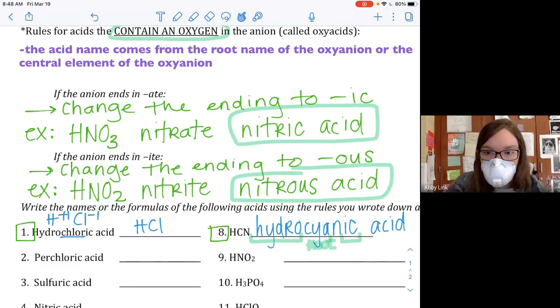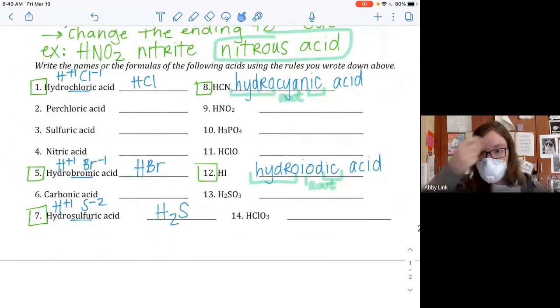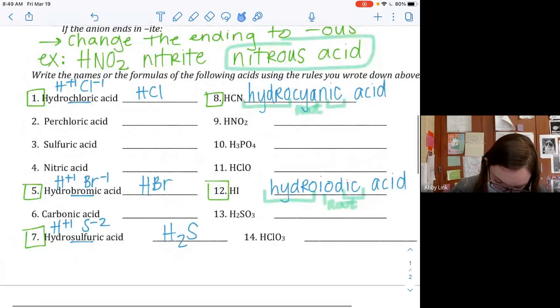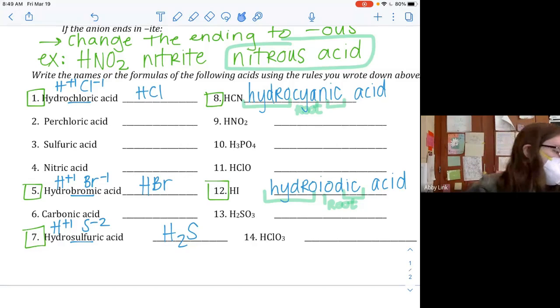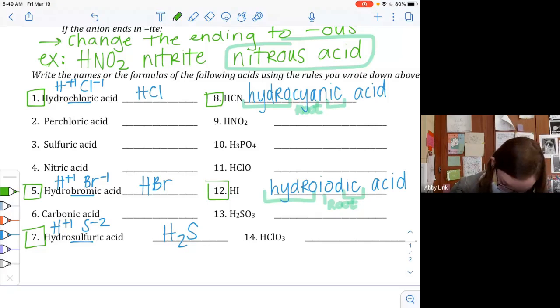All right, let's go ahead and finish off the bottom chart here together so that we have a bunch of examples for you. All right, perchloric acid. So we've already kind of identified these are the ones that contain oxygen. So perchloric. I'm looking at my polyatomic ion chart and I'm looking for something with perchlor in it. And because this ends with ic, I'm looking for maybe something that ends in ATE.